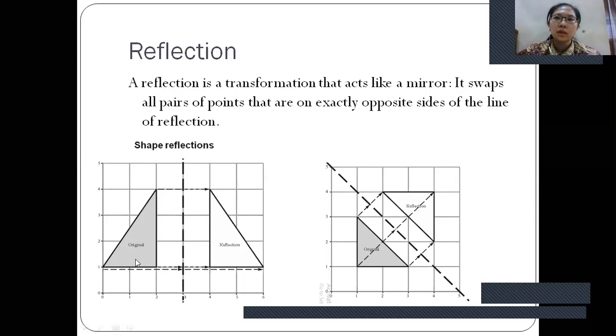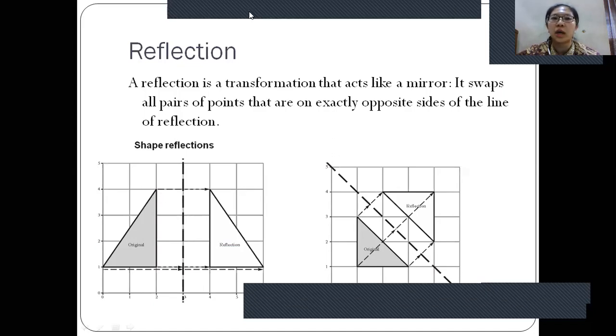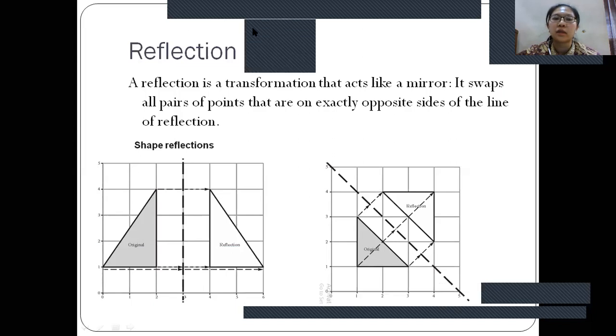The shape must be the same, and then the size must be the same. So if this is the size of your triangle, the reflected object will have the same size. It could not be bigger or smaller. That's two. The third is that the reflected object must have the same distance to the mirror line as the original object.